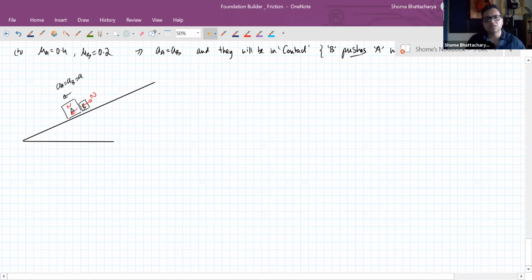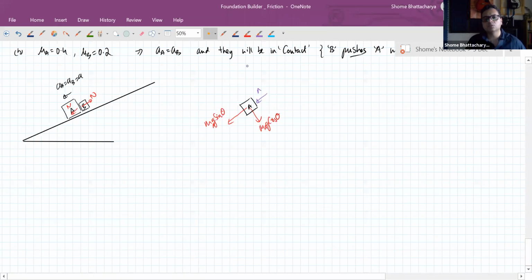Okay. So in this case, it's easier to make the individual free body diagrams for each of the blocks. So we look at the FBD of the block A. The forces on it are components of its weight. Okay.